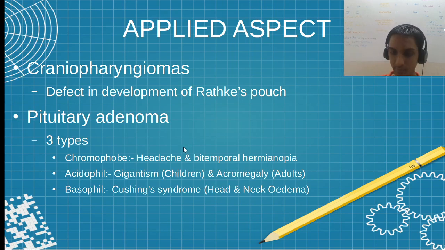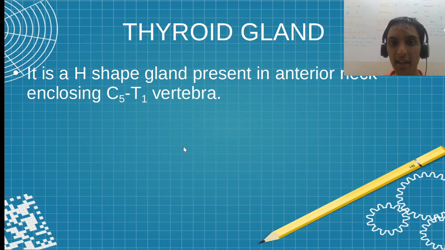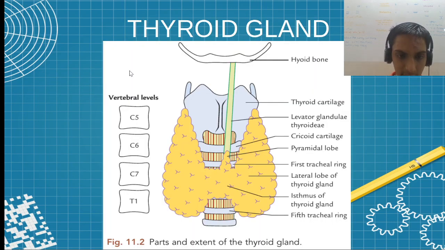Next, regarding the thyroid gland. It is a shield shaped gland which is in the anterior neck. It extends from C5 to T1 vertebra. The same thing I told you, C5 to T1, and it is a shield shaped gland.